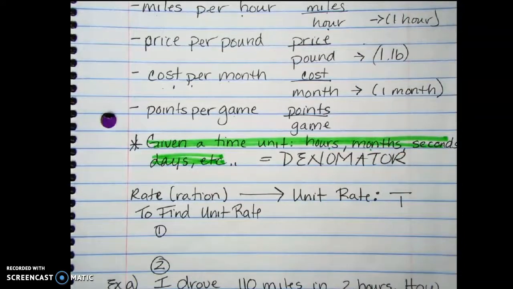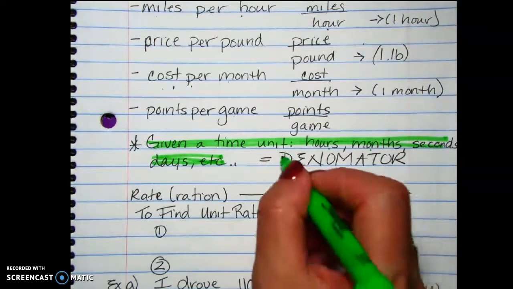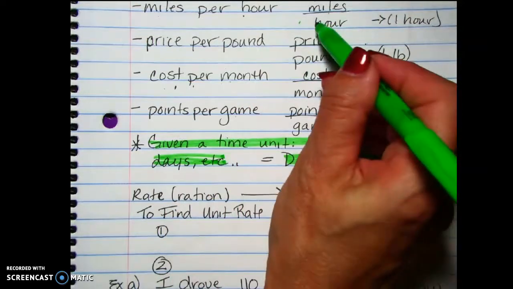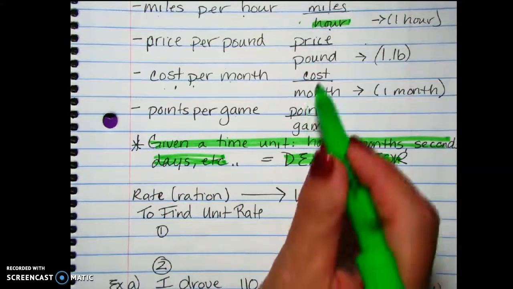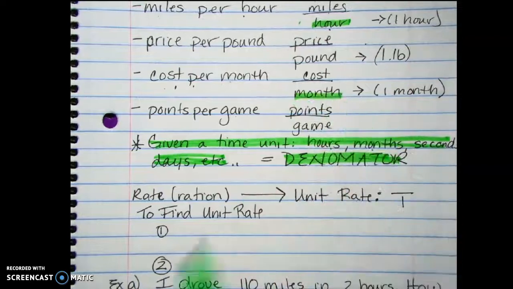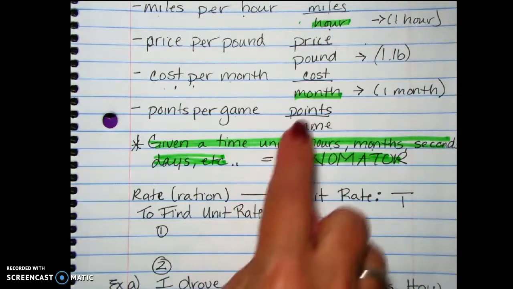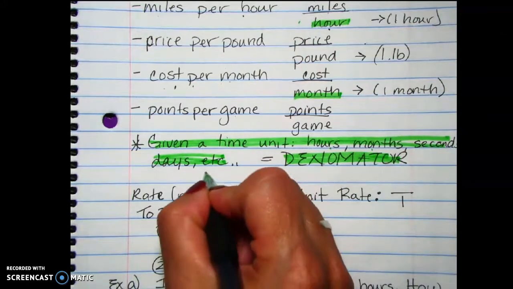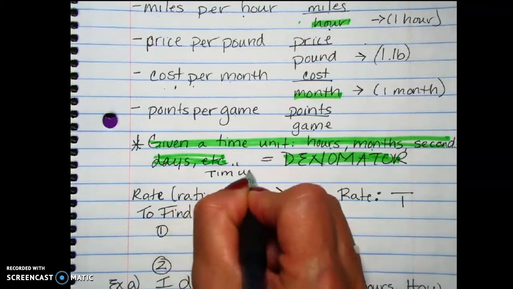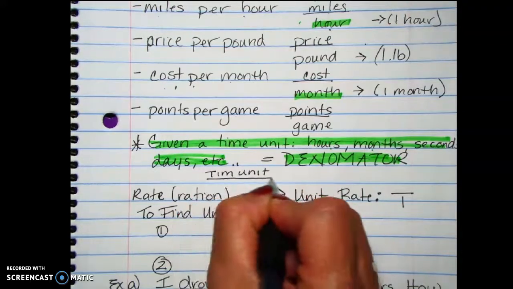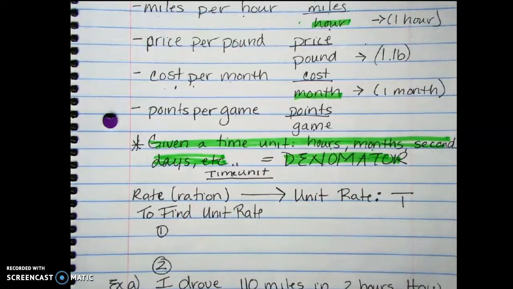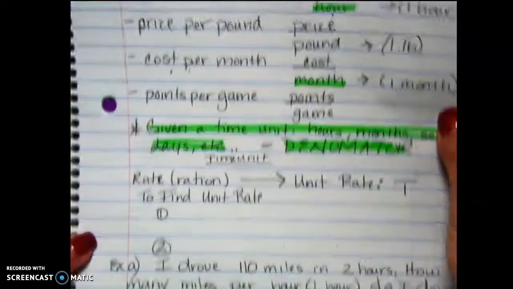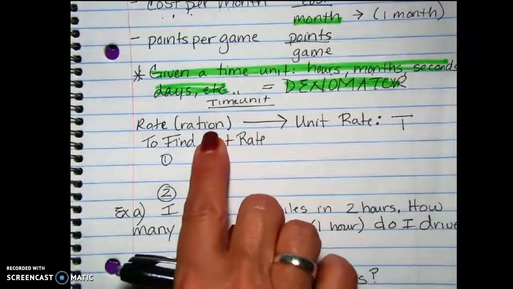So let's take a look real quick, just so that we can see that from what we've already written down. So we have miles per hour. We have cost per month. If you notice, the denominator is a time. So this is for a time unit. It's time unit.